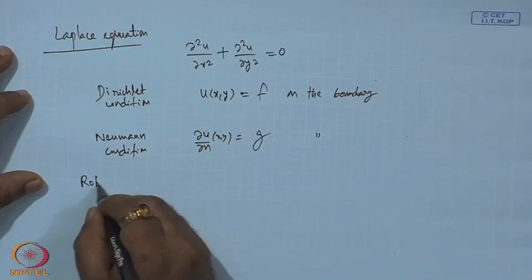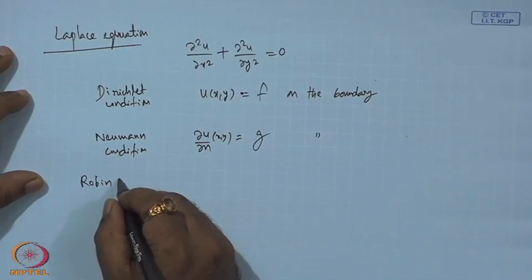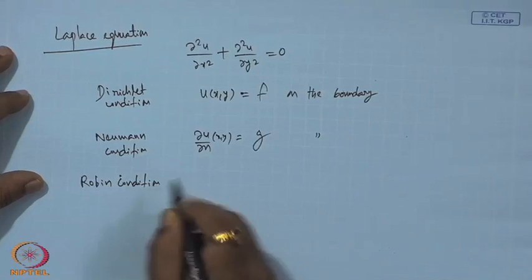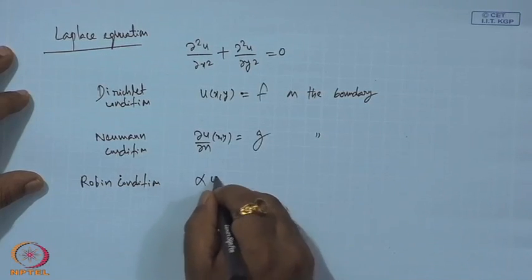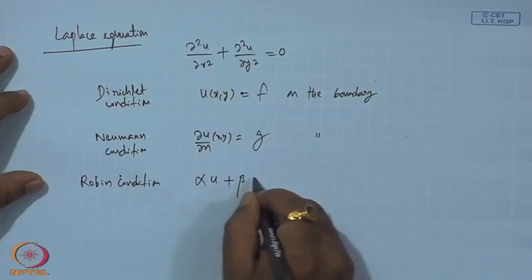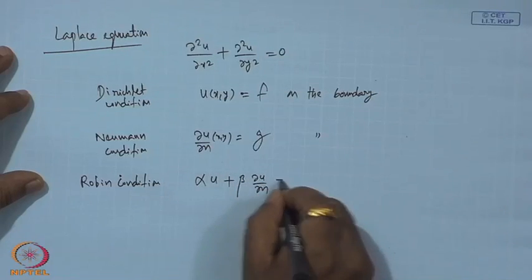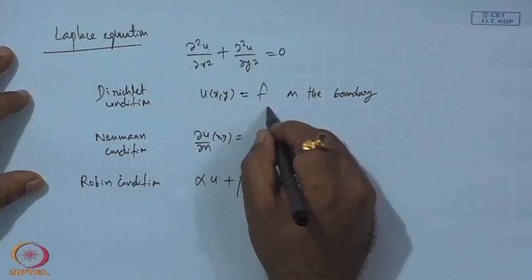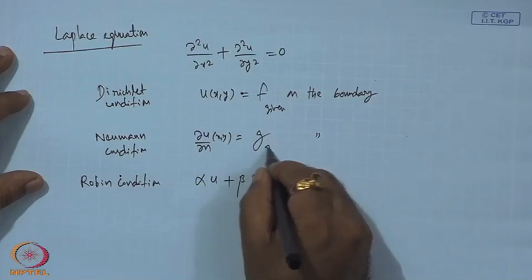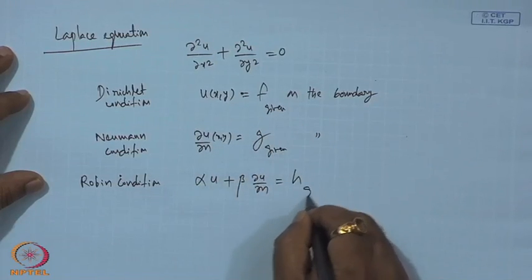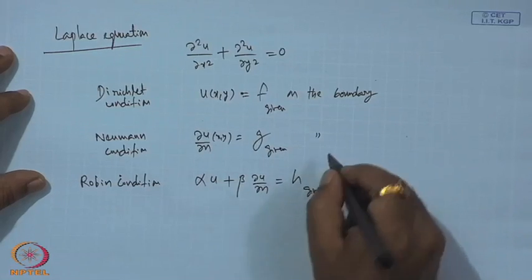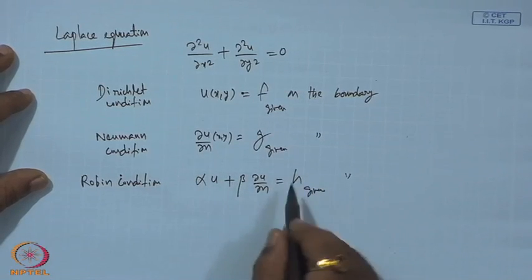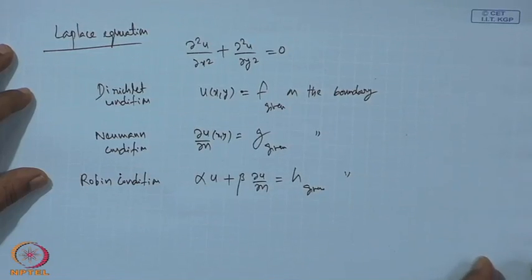Then Robin condition, a scalar times u plus another scalar times the normal derivative is prescribed, h given, all are given. H given on the boundary. Okay. So this is Robin condition.